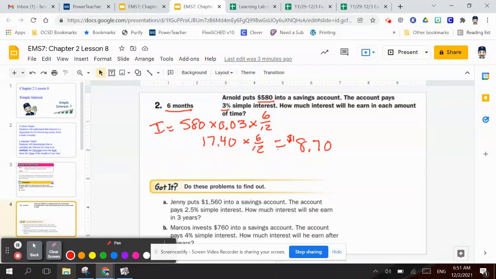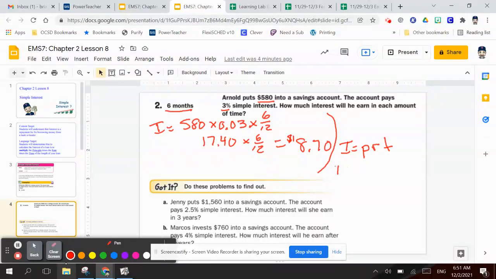So if I look at my got it problem, it says Jenny put $1,560 into the savings account. The account pays 2.5% interest. How much interest will she earn in 3 years? So to write out my problem, if I remember, interest equals principal times the rate times time.